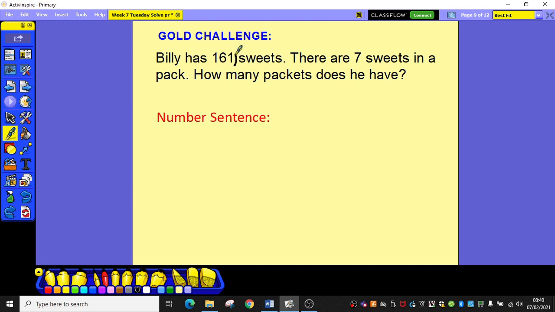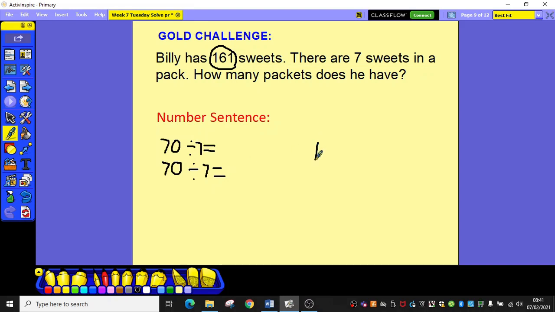So I talked about a number getting larger. So if I was going to do 161, I would still, first of all, consider 70 divided by 7. And then I could do a second 70 divided by 7. So I know now that I've done 140 divided by 7.